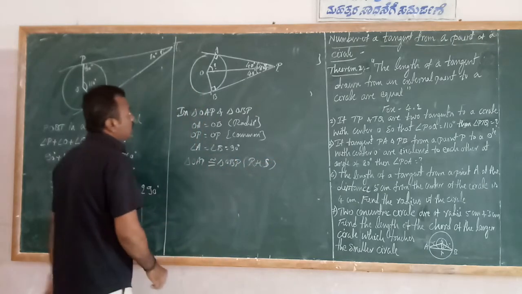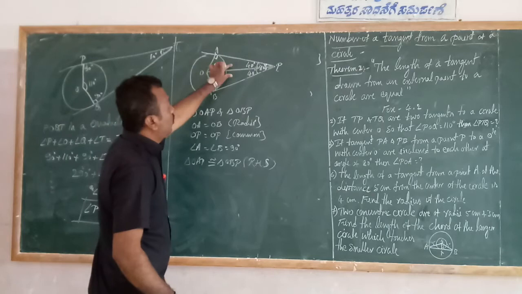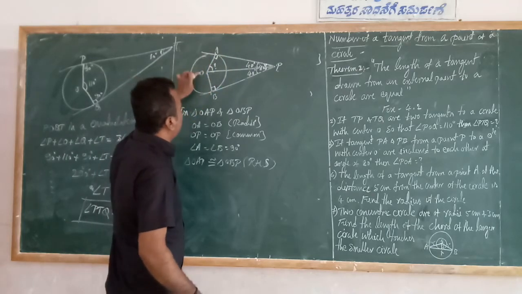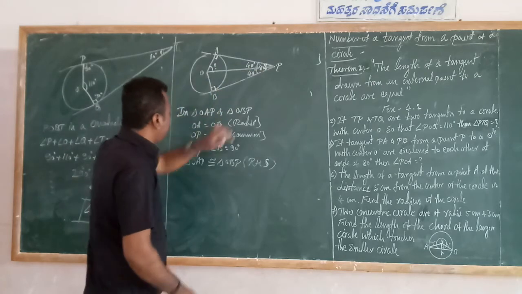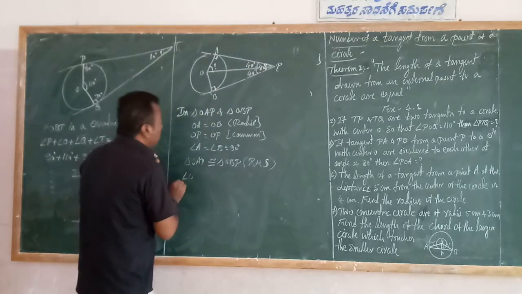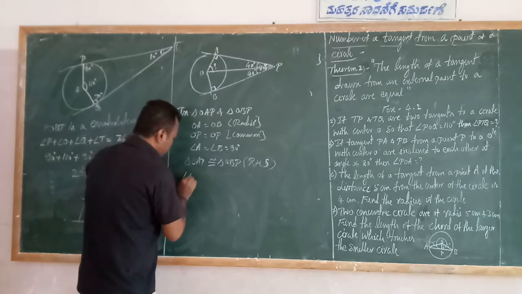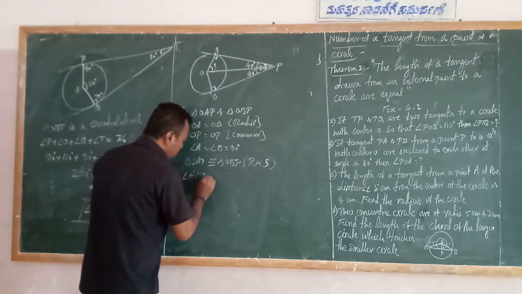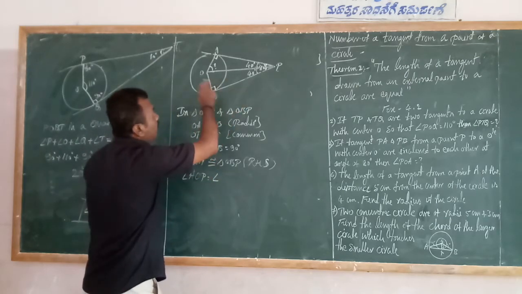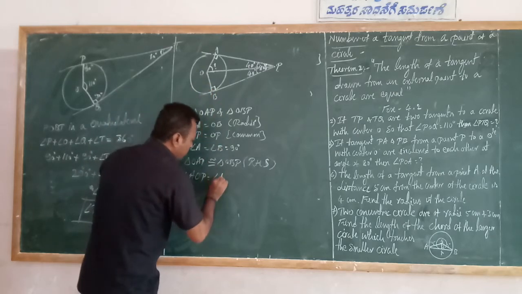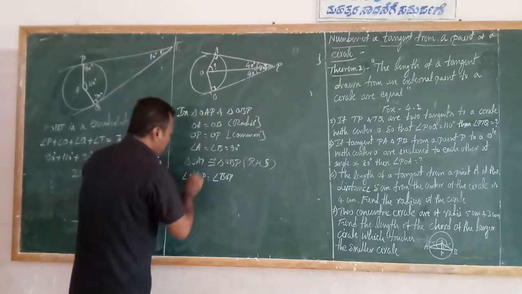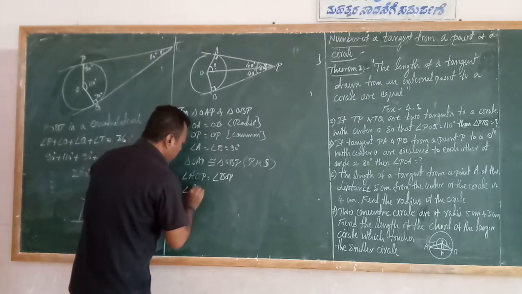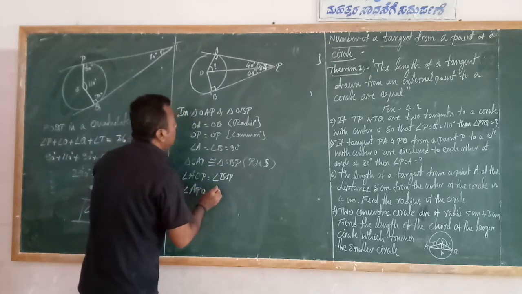Now students, when these two triangles are congruent, automatically angle AOP and angle BOP are equal, and also angle APO is equal to angle BPO.